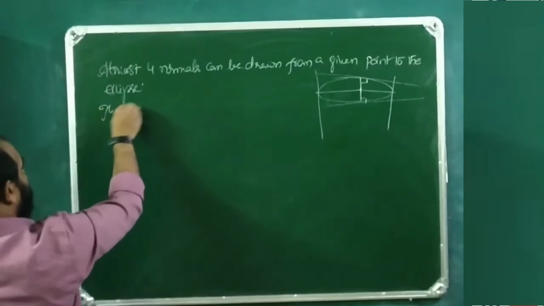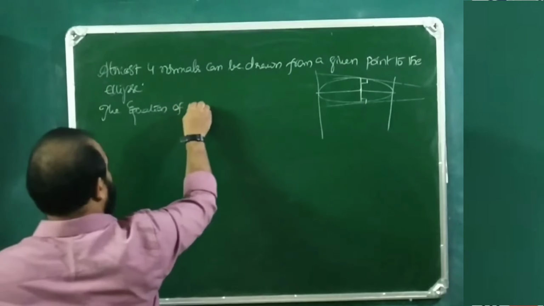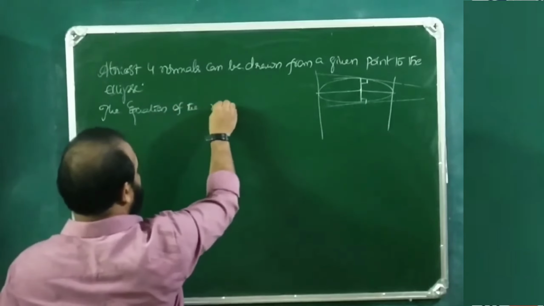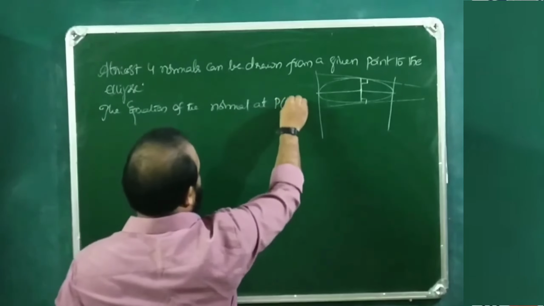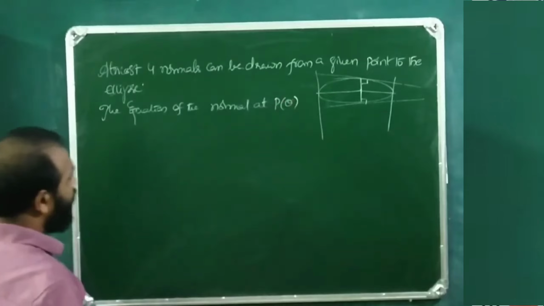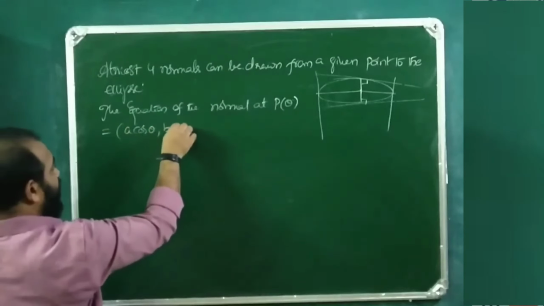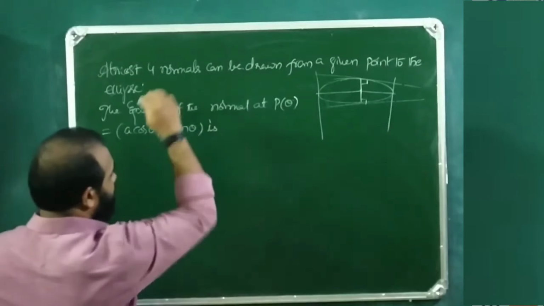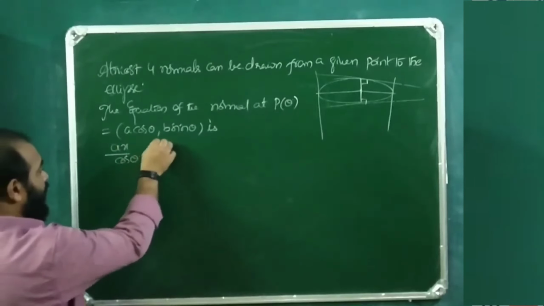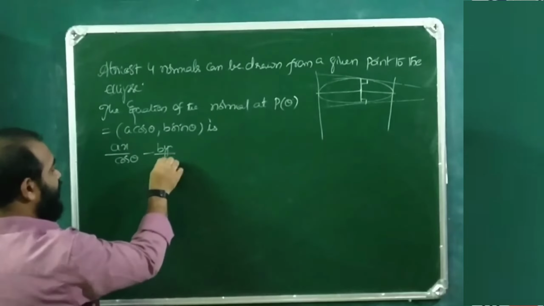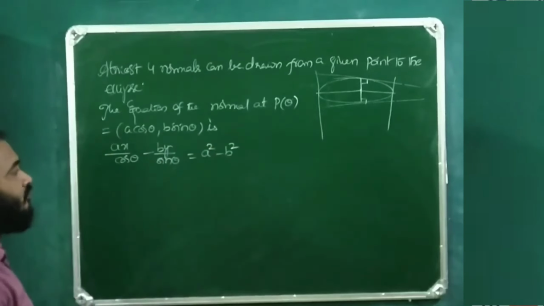The equation of the normal at the parametric point theta, which is a cos theta comma b sin theta, is ax by cos theta minus by by sin theta is equals to a square minus b square.